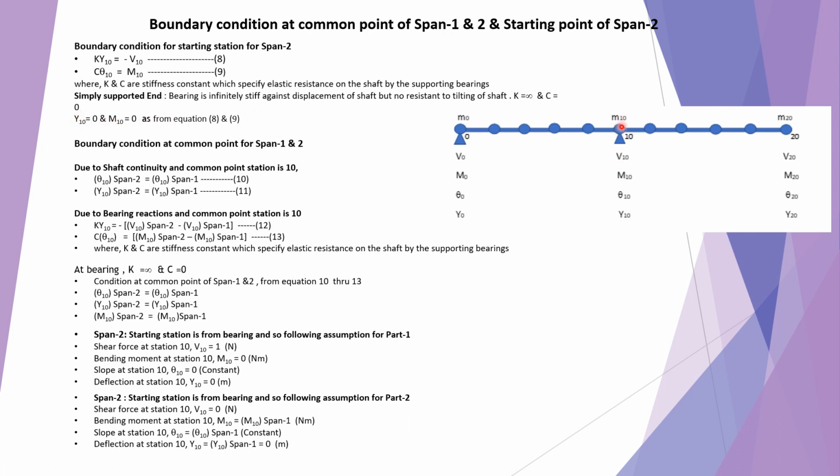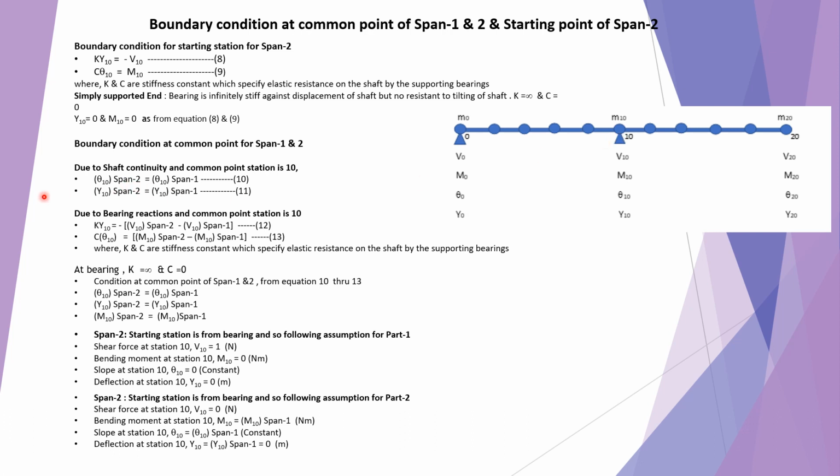This is again the support, a simple support at this point. So Y10 is 0, M10 is 0, if you put k as infinity and c as 0 in equations number 8 and 9.